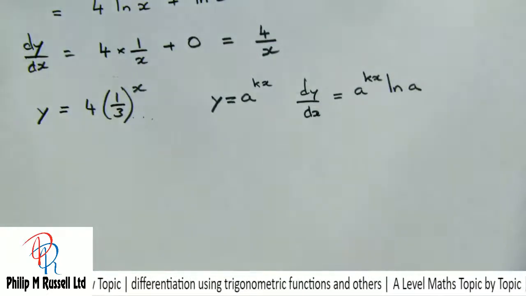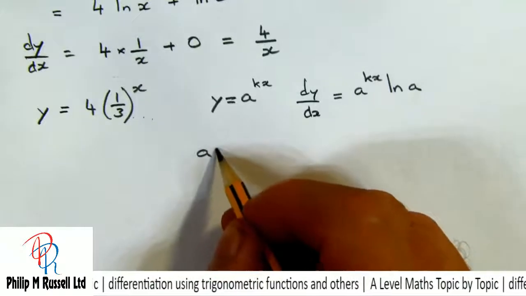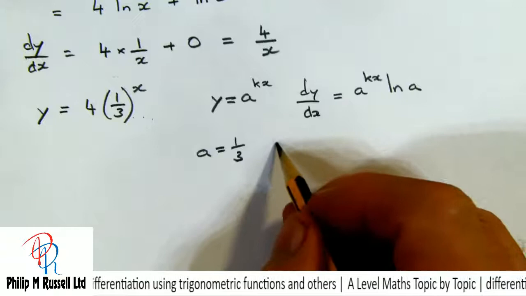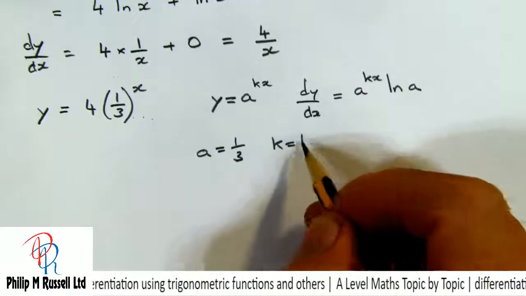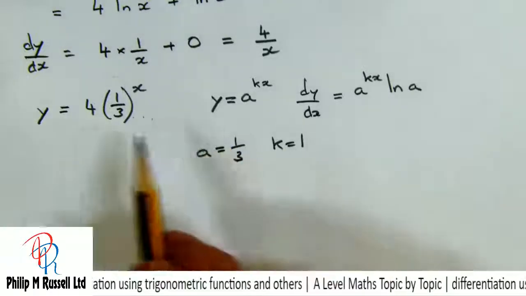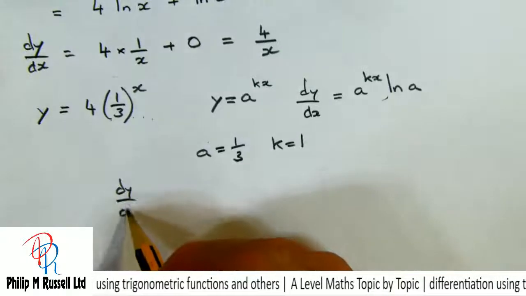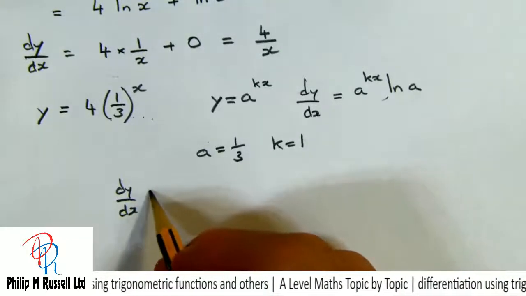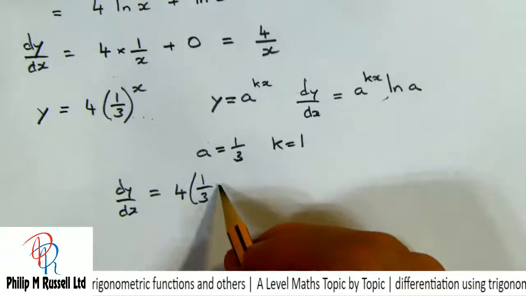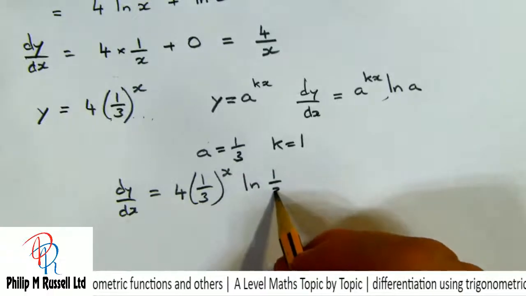Now once I've got that idea, we could guess that here a is going to equal 1/3, and here k is just going to equal 1. So substituting this in, we can get dy by dx equaling 4 times 1/3 x ln of 1/3.